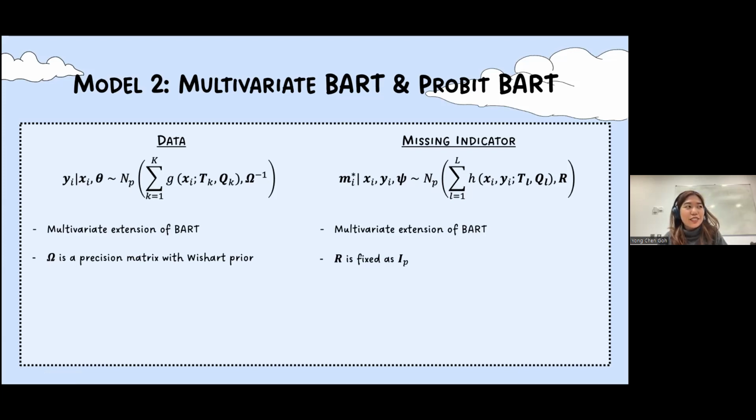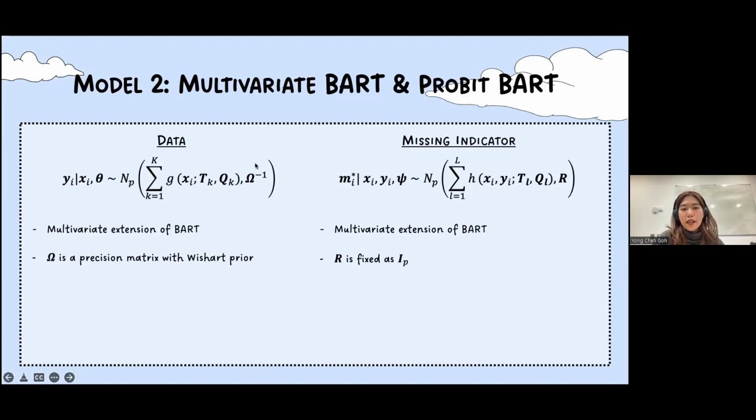Something that I didn't mention is that if you have missing data in the predictors, in PROBIT regression, you would have to first impute those values in your X matrix before you can run that. Whereas in this second model, there is a way to include missing values in the predictors without imputing and running it with BART.